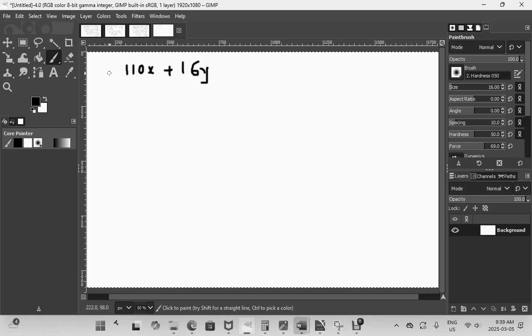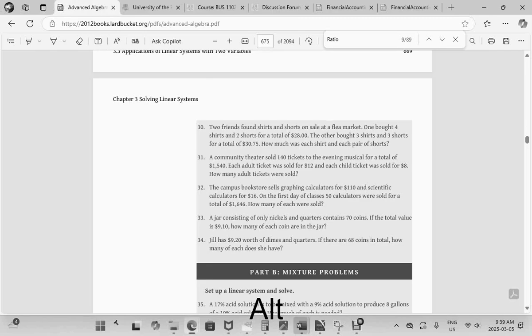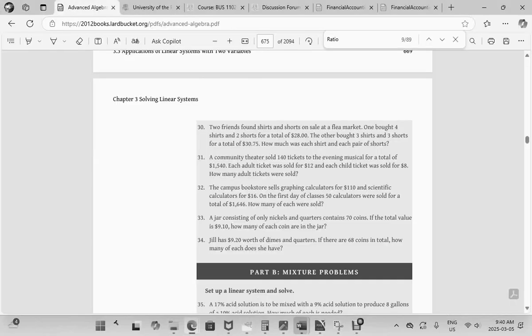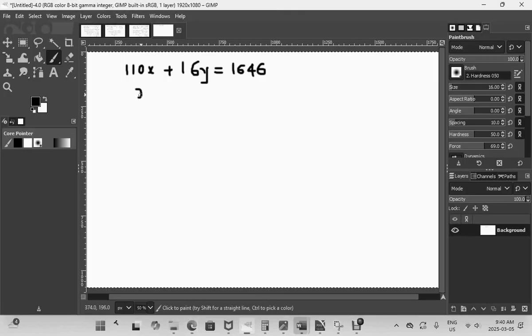So 110x plus 16y equals 1646, the total. We also know that the total calculators sold are 50. So x plus y equals 50, but we don't know how many of each.